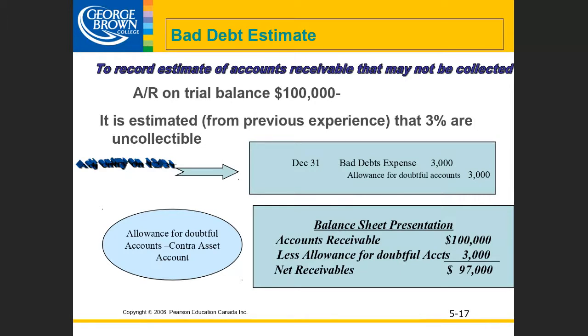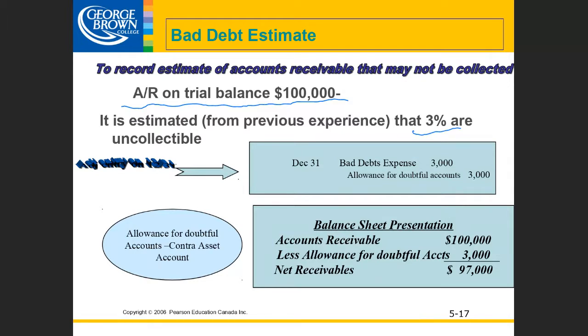Usually, we use a percentage to show how much of our accounts receivable we anticipate not being able to collect. In this case, our accounts receivable on the trial balance was $100,000. It's estimated from previous years of experience that we will not be able to collect 3% of our accounts receivable.